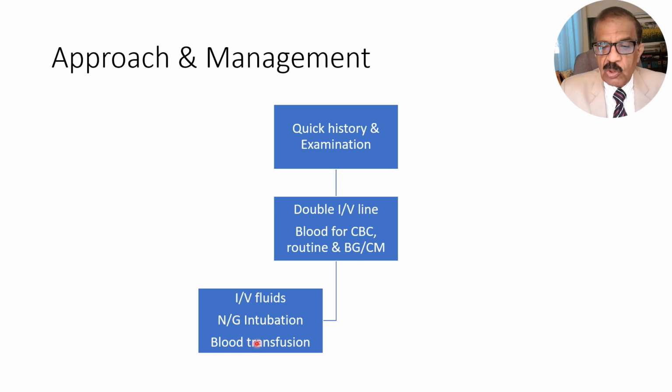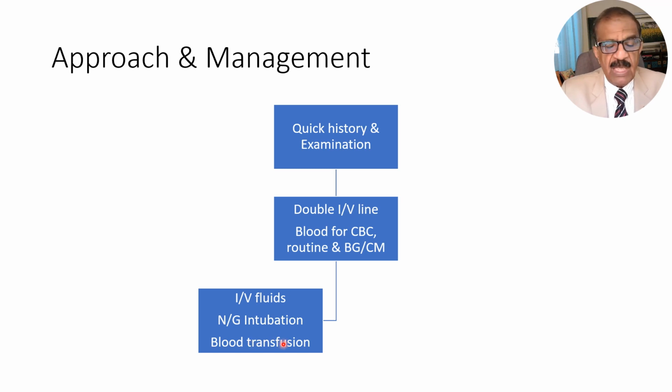So there is a threshold. Previously, this threshold was 9 gram. If somebody had 9 gram hemoglobin, that was a candidate for blood transfusion. Now we know that even 9 gram is safe. So I think 7 is the current standard. If somebody has 7 gram of hemoglobin, that person needs to be given blood transfusion.